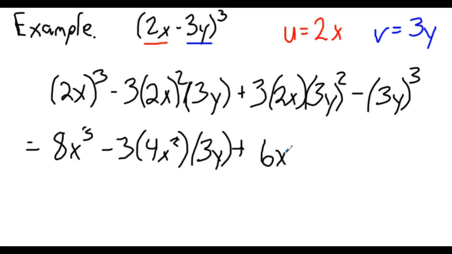And then 3y squared, 3 squared, excuse me, is 9. So this becomes 9y squared. The last part, 3y cubed, is minus 27y cubed.